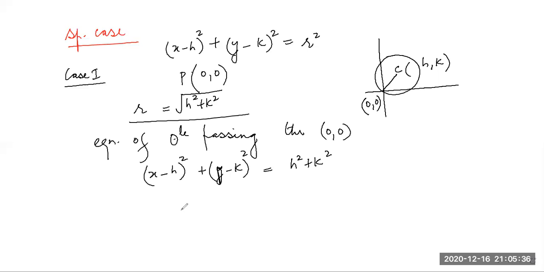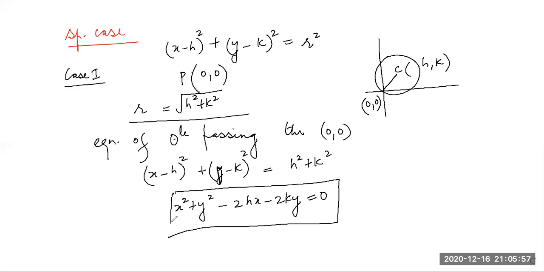So the equation of the circle passing through the origin is x square plus y square minus 2hx minus 2ky is equal to 0. Remember that, students. This is the equation of the circle passing through the origin.